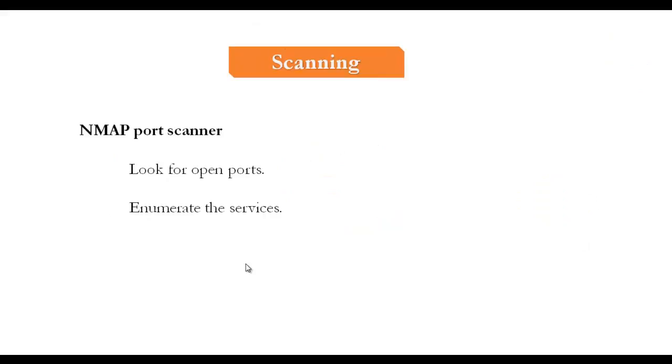Now let us try to scan the target router using Nmap, which is already installed on the Backtrack instance. Let us find out what ports are open and what services are running on the target router, and attack if there are any possibilities.